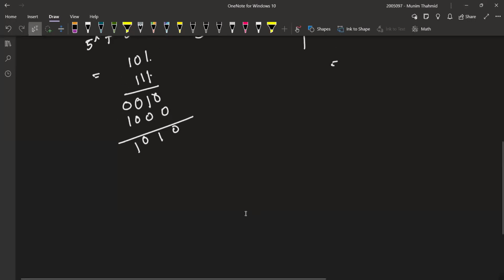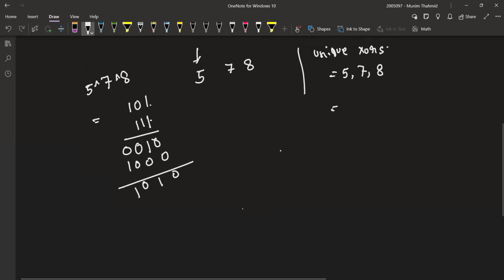Let's take our case, right? This one with 5, 7. What can be the minimum XOR value here? I already did XOR of 3 values, which was 10, definitely not the minimum.